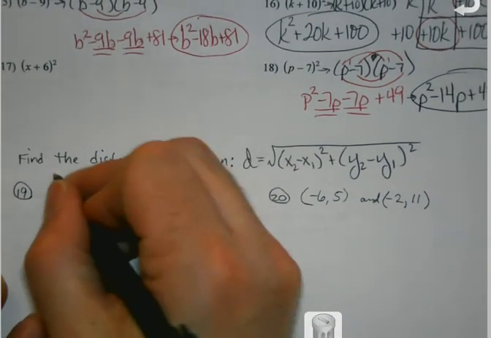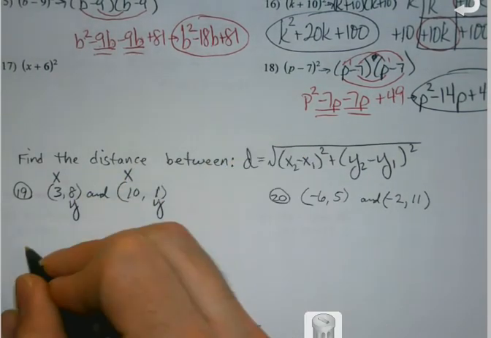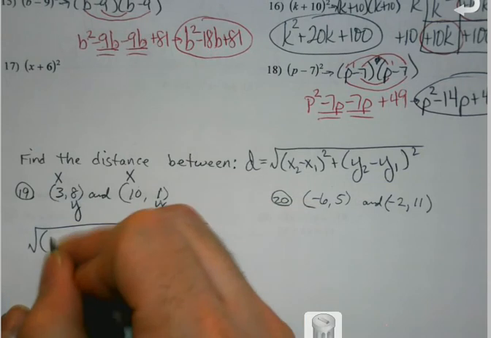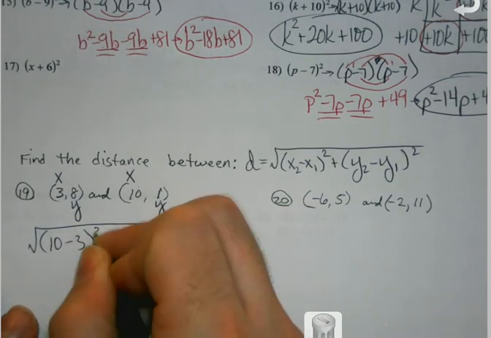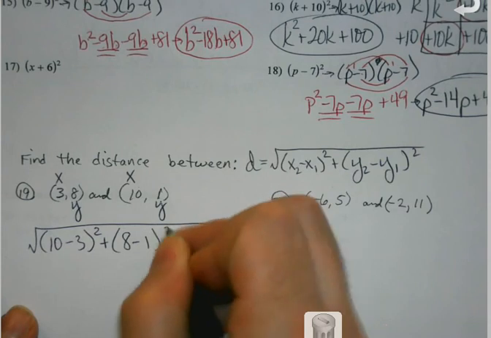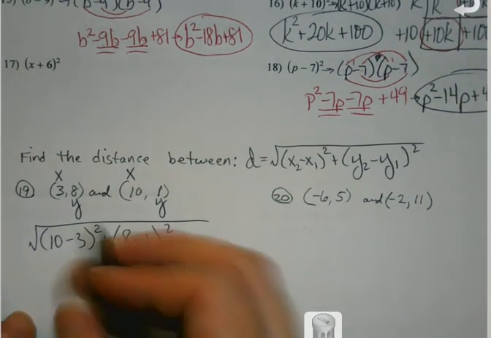That's cool. So I would just set this up and I'd say, okay, I'm going to subtract my x's, 10 minus 3. I'm going to subtract my y's, 8 minus 1. You can do them in either order you want.